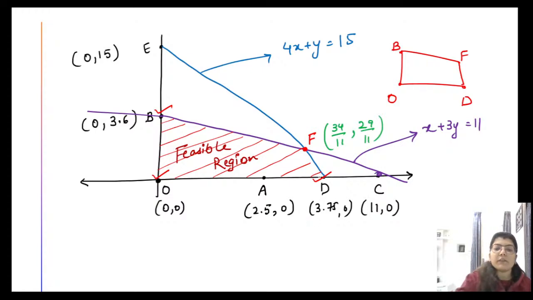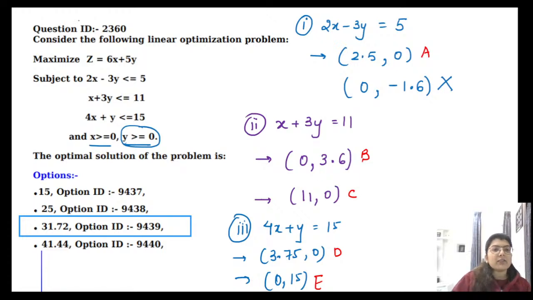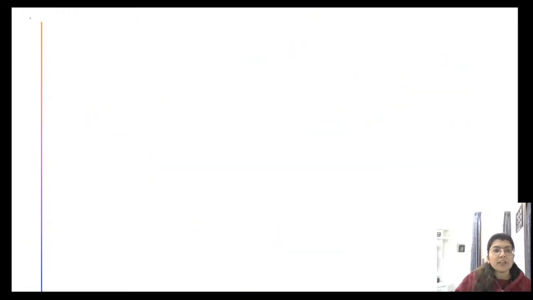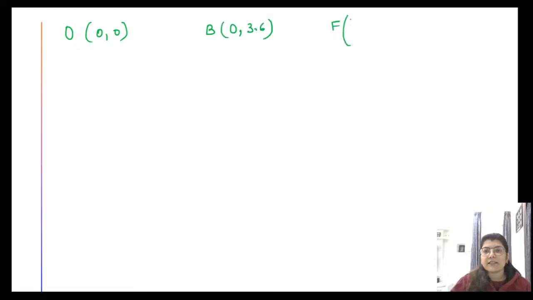Okay. Now what do we have to do? Now they are saying that you have to basically maximize this z. So you have to plot the values of x and y and you have to find the maximum value of z. So what will you do? Suppose you're having 0, 0. Then you are having B. What are the coordinates of B? Coordinates of B are 0, 3.6. Then you have F. F is 34/11 and 29/11.